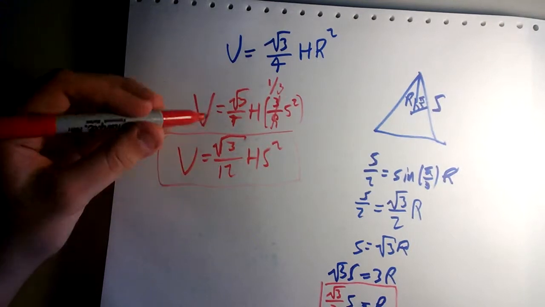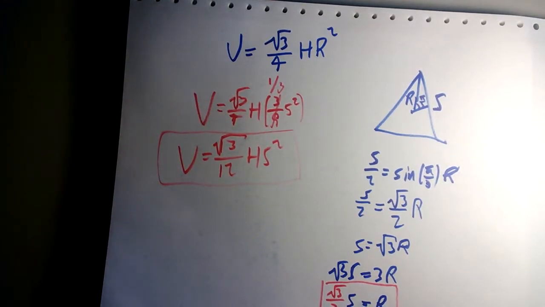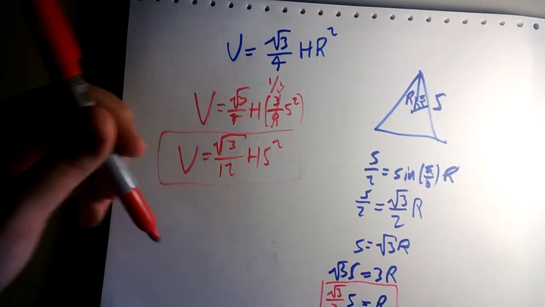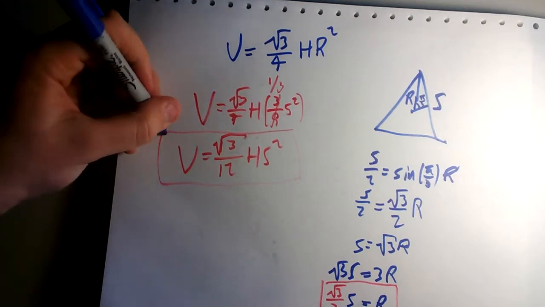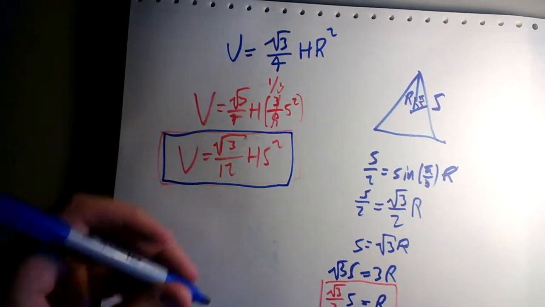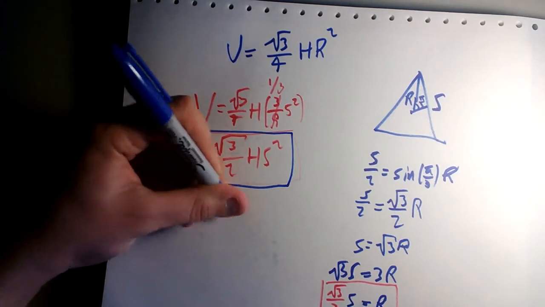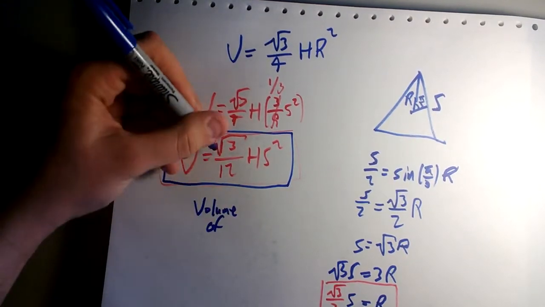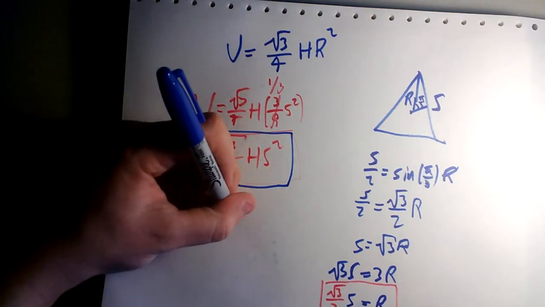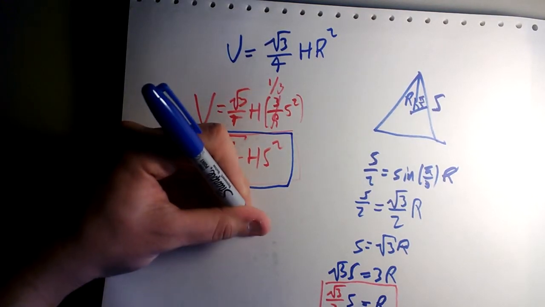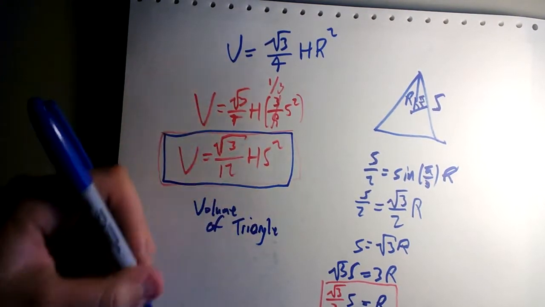Square root 3. Yep, I think this is good. So, yeah, this is what you do. And look this up online. Look up volume of triangle pyramid, because this is what you should get. Unless I messed up somewhere, but I don't think I did.